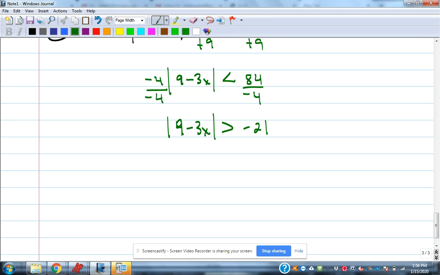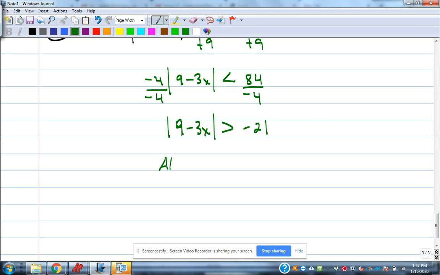No. So no matter what x is, if I put it in an absolute value here and work it out, no matter what the number is, when I take the absolute value of it, what kind of number is it? Positive. Are all positive numbers bigger than negative 21? Yes. So that means that this is a special case.